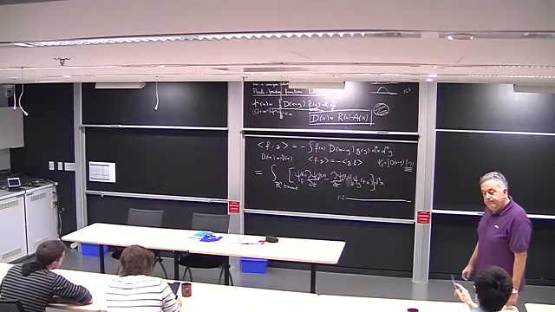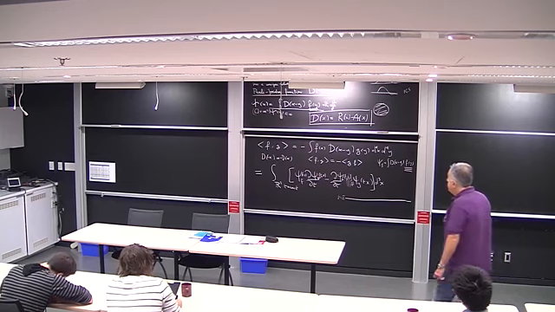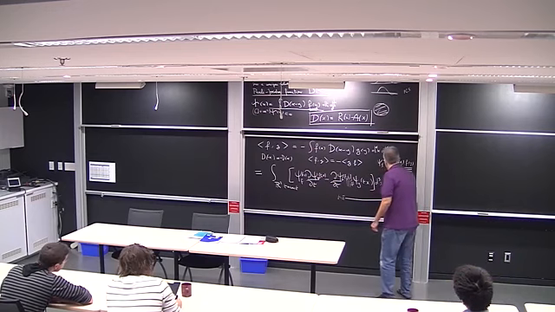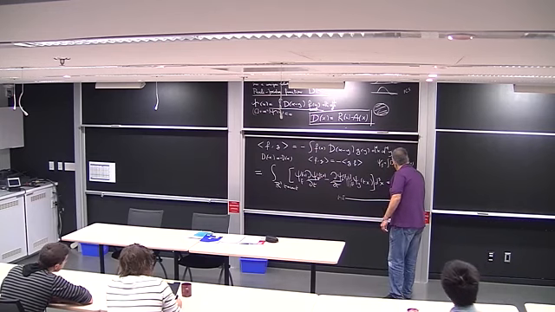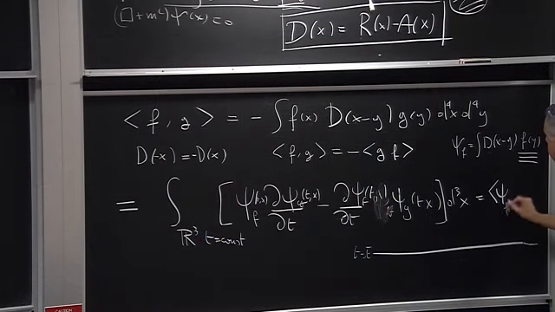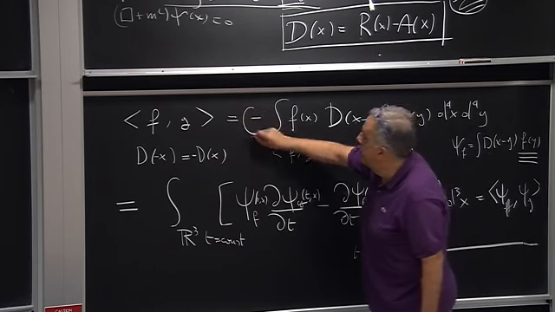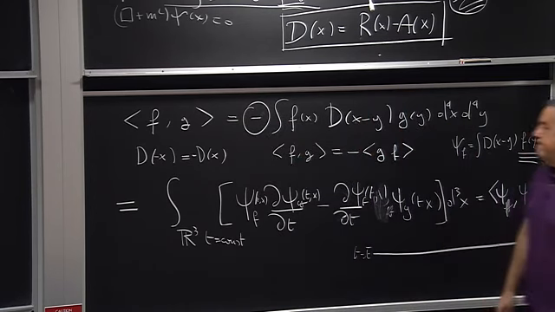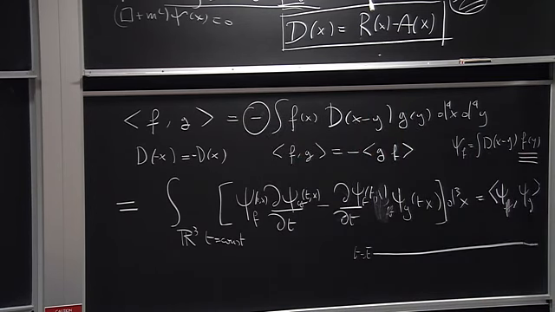Sorry, is this inner product FG or inner product GF? This is psi g, psi f. Psi f, psi g. The sign is... with this minus here. The sign is opposite from what you said last class.